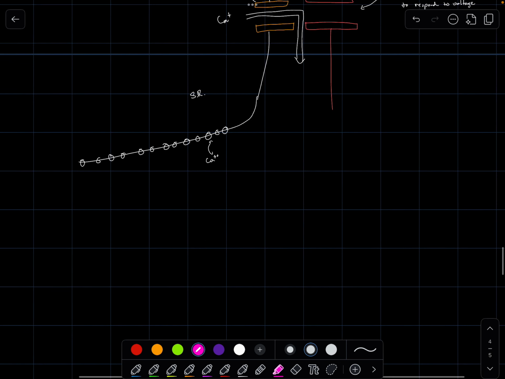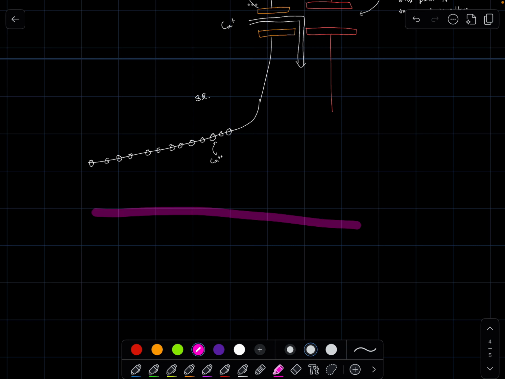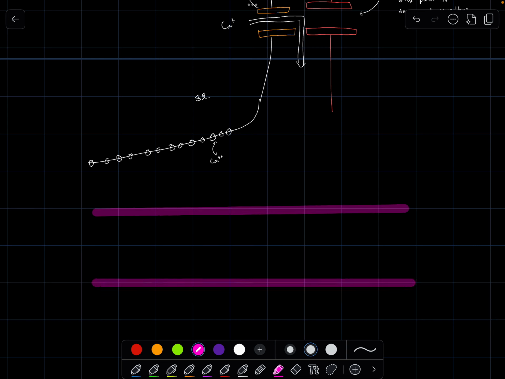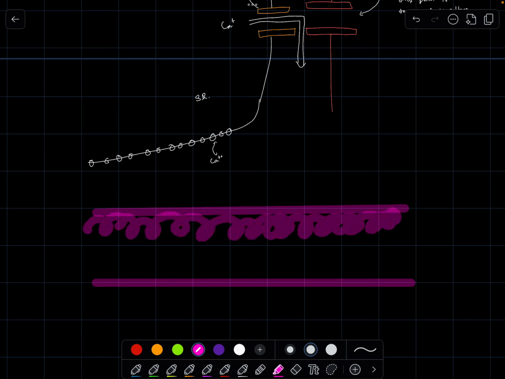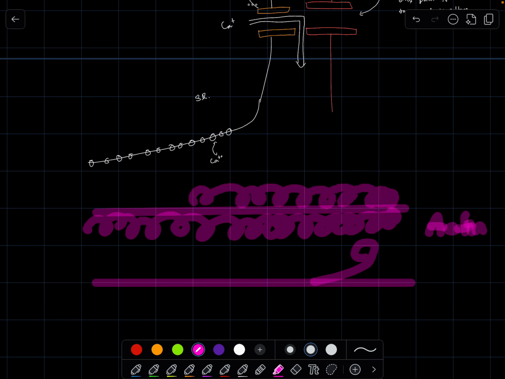Essentially what you would see here is, this is a really horrible drawing, but basically this is actin. You would have tropomyosin.